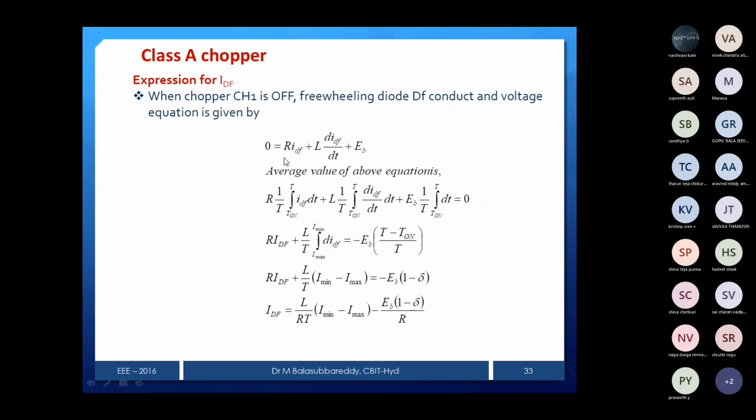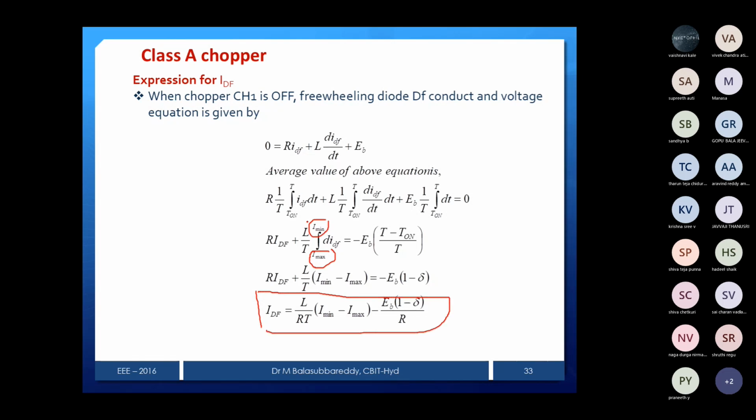0 to T on earlier, now T on to T, and the exponential decaying also, you can see that from maximum to minimum. So earlier it is minimum to maximum, the limits are now maximum to minimum. With these small changes, this is maximum to minimum, and finally you will get IDF.